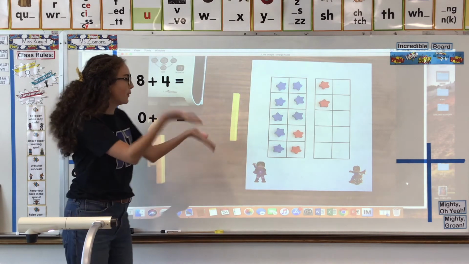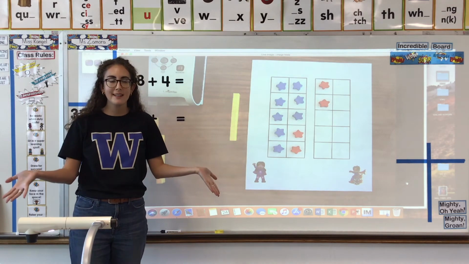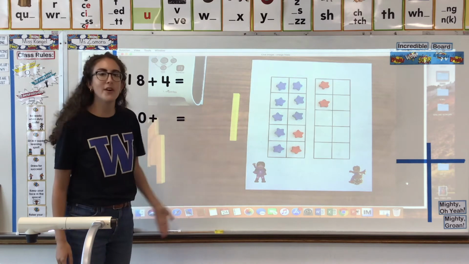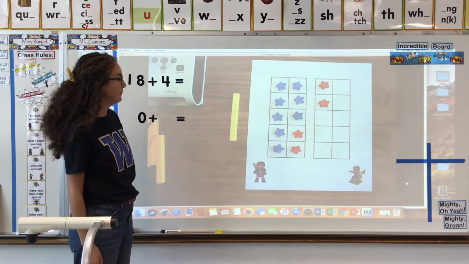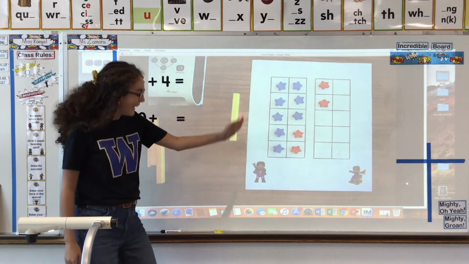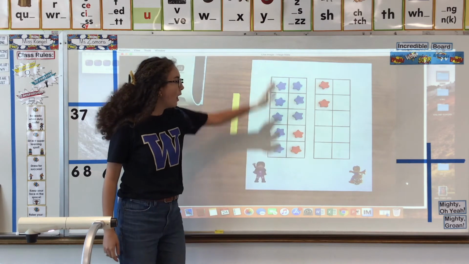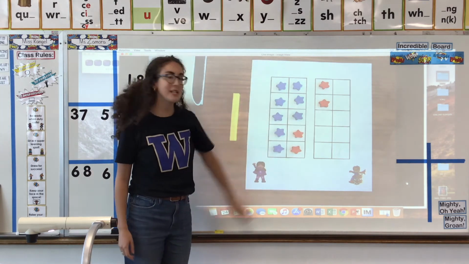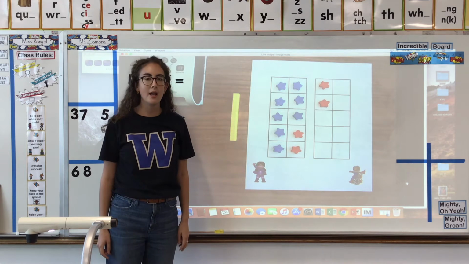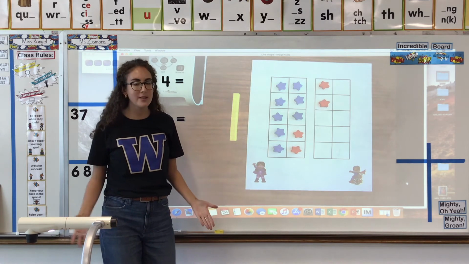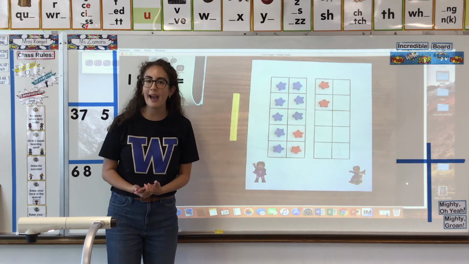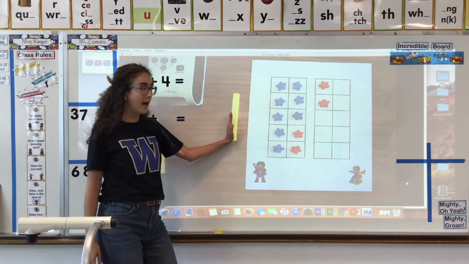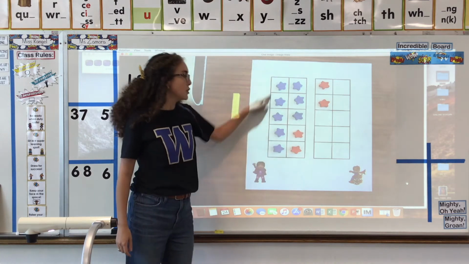What do you notice happened? What do you notice happened with our first 10 frame? It got completed. Our 8 turned into a 10. So now, Super Scholars, how many 10s do we have? 1, 2.